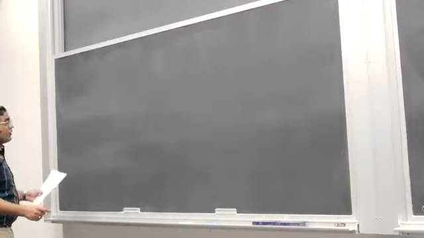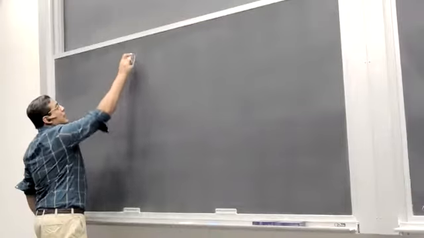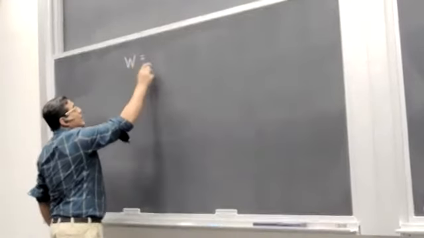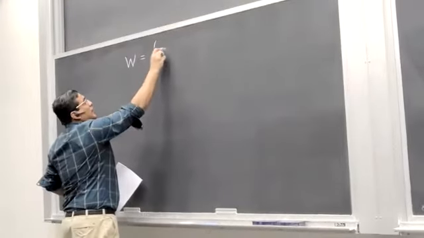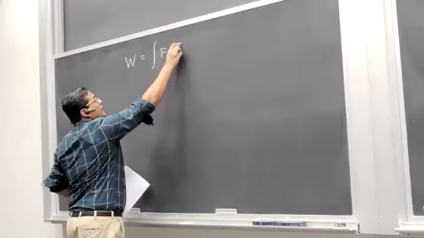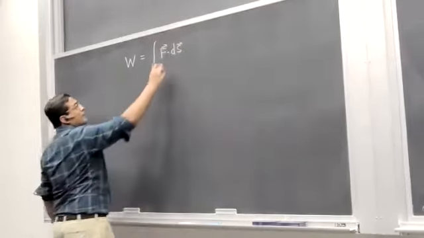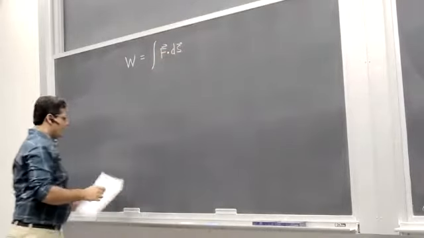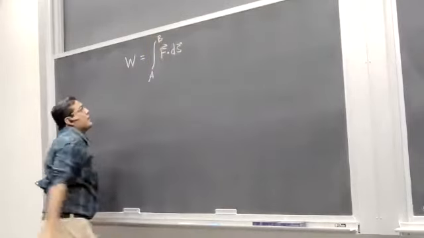So, conservative forces. This is what we said, that the work done by a force is simply the dot product of the force with the path from point A to B. This is work.